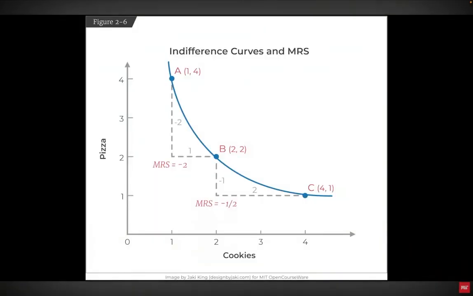As you move along the indifference curve, you're more and more willing to give up the good on the x-axis to get the good on the y-axis. As you move from the upper left to the lower right on that indifference map, figure 2.6, you're more willing to give up the good on the x-axis to get the good on the y-axis.